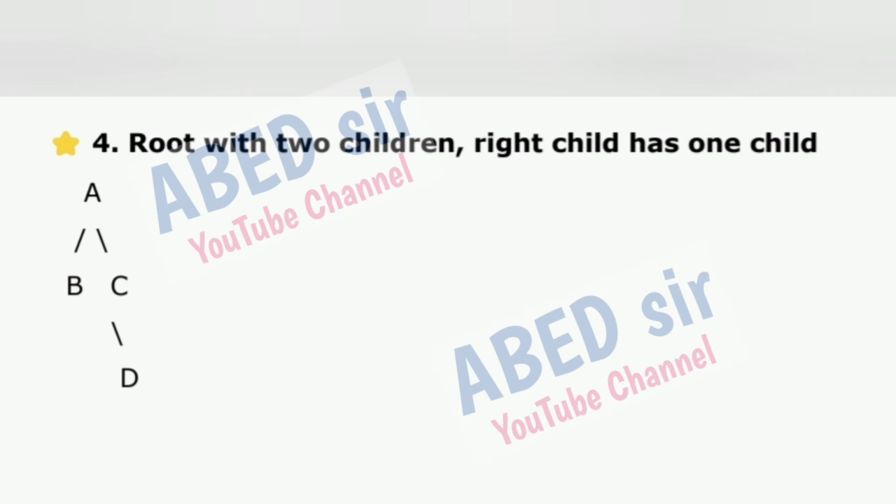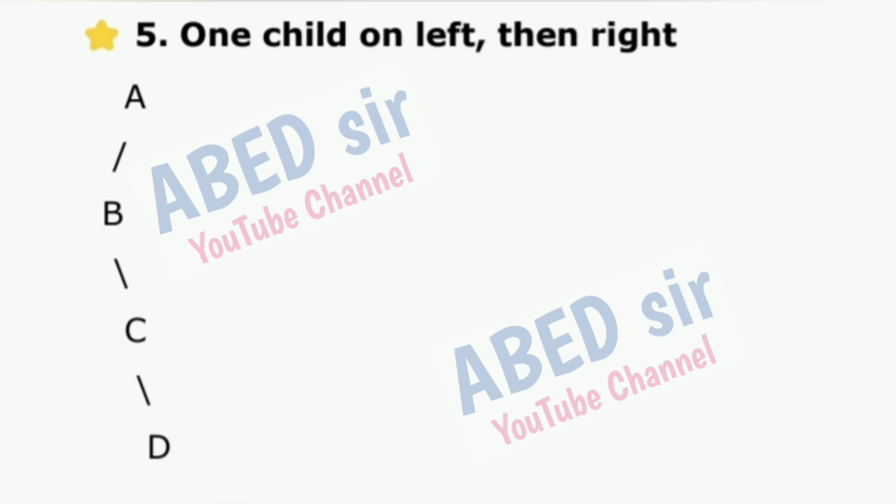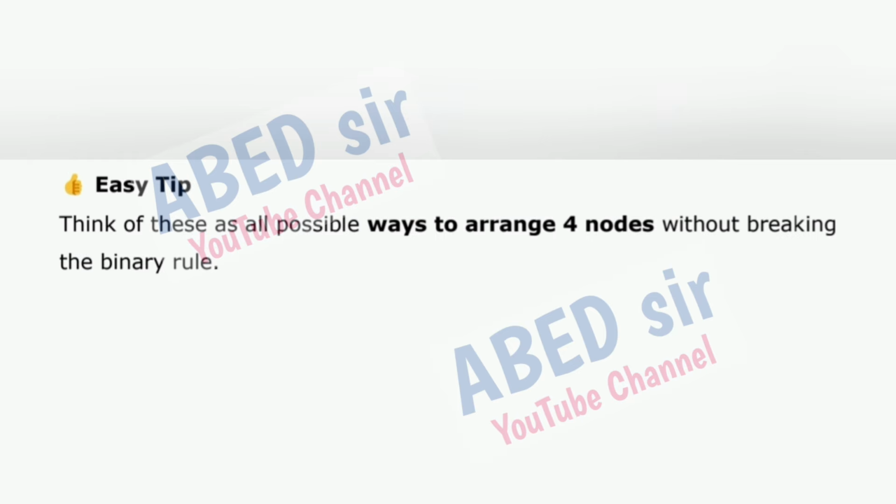Root with 2 children, right child has 1 child: A, B, C, D. 5. One child on left, then right: A, B, C, D. Easy tip: think of these as all possible ways to arrange 4 nodes without breaking the binary rule.